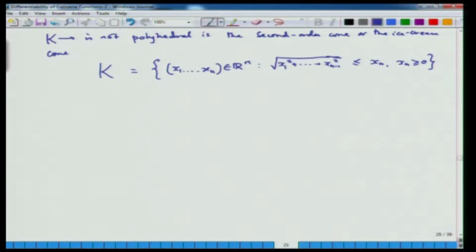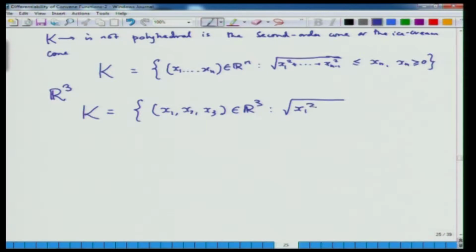So, how do you view it geometrically? If you view it geometrically, let us take the case out of R3. In R3, K would look like the following: root over x1 square plus x2 square is less than or equal to x3 with x3 bigger than 0. So, this cone can be drawn as follows.